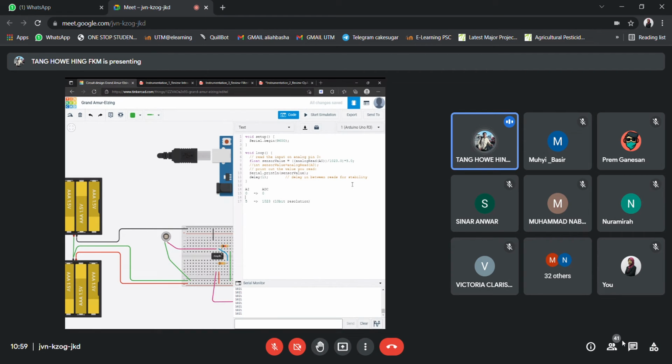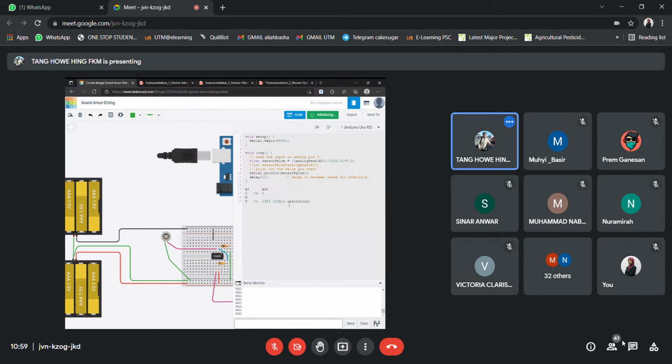Let's say this is the input voltage, there are the readings, and this should be the value, and therefore this is the formula. All right, and it is able to convert it to this 5 volt.